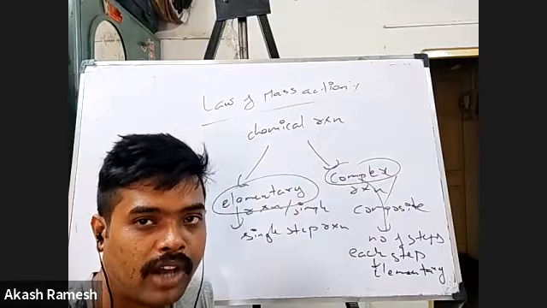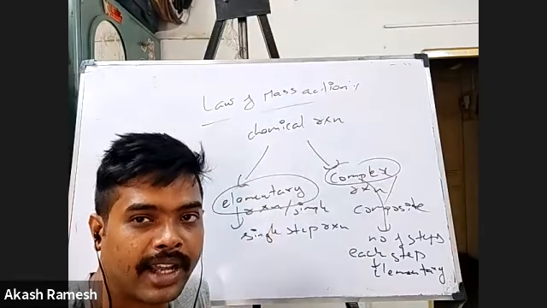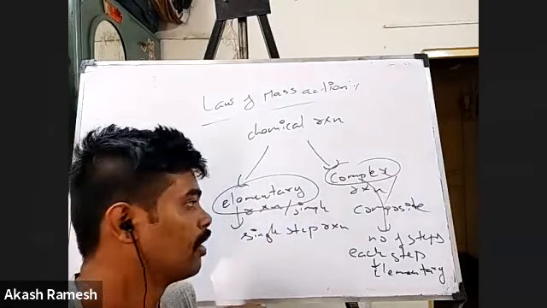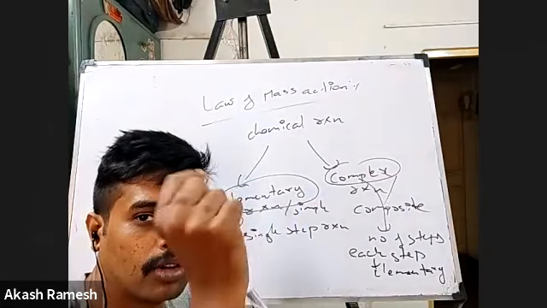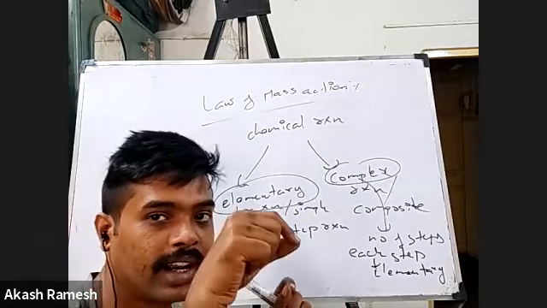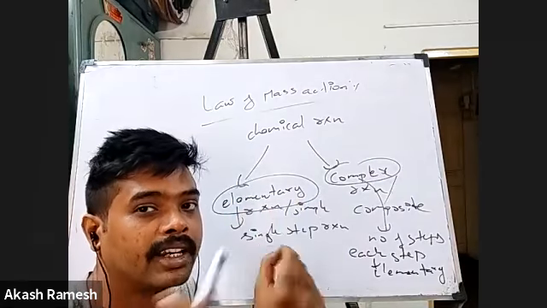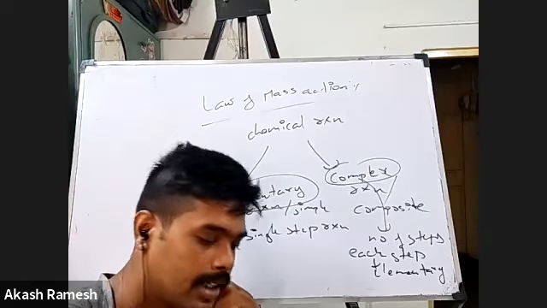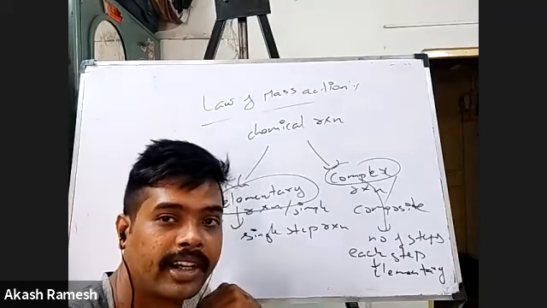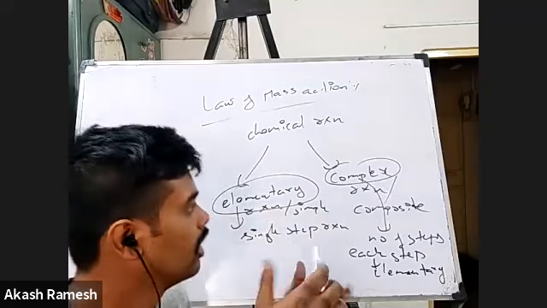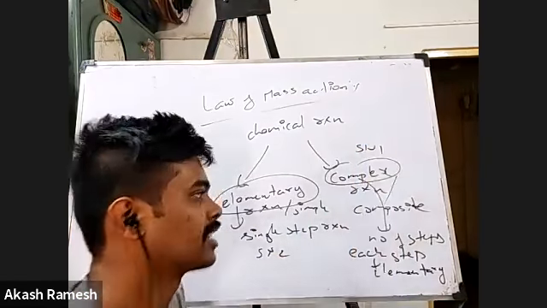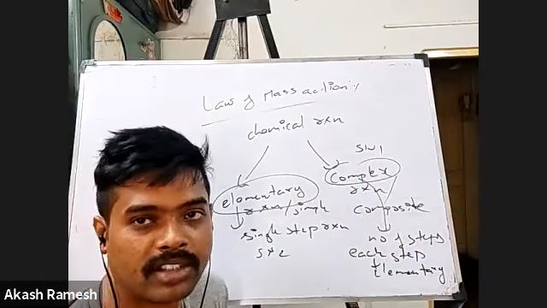First the formation of carbocation, then the nucleophile attacks in SN1. In SN2, the nucleophile attacks and the leaving group leaves simultaneously, so both bond breaking and bond making happen simultaneously in a single step. So SN2 is an example for elementary, and SN1 is an example for complex because it contains more than one step.